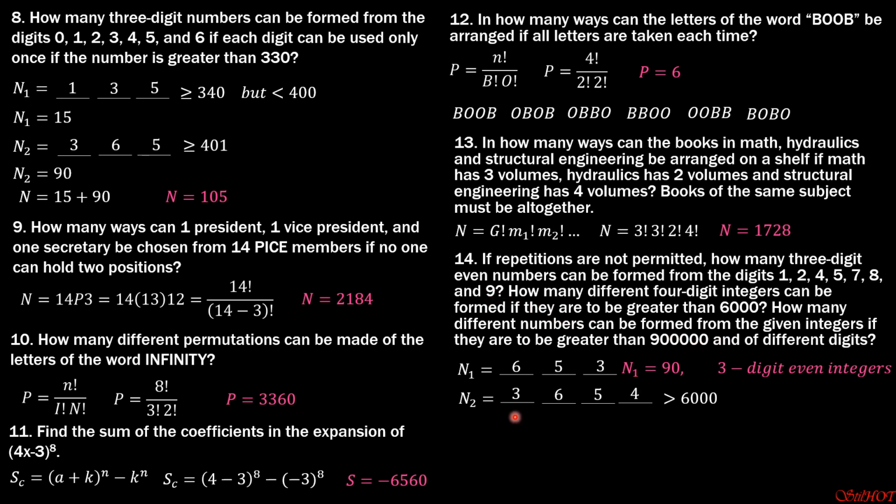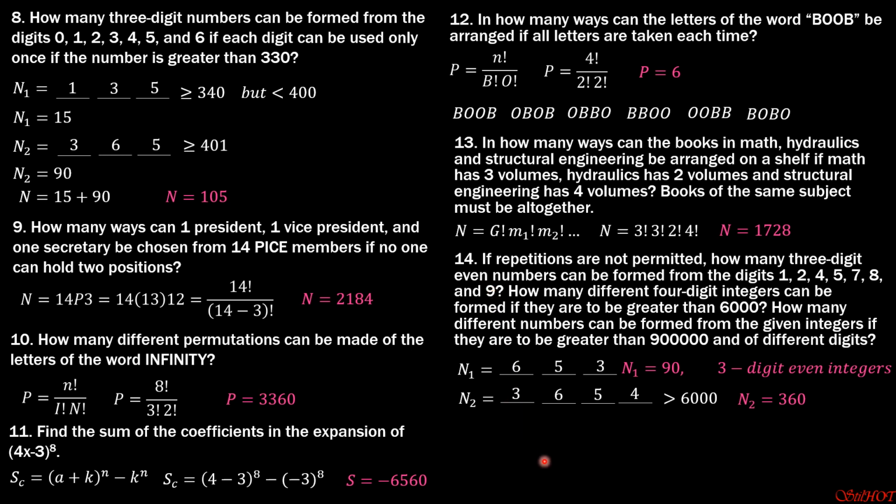So if we assign the first digit, this is 900,000 plus something definitely, because the rest would be greater than 0. But there is only 1 digit which is greater than or equal to 9. Of course, there's no other. So there's only one way to assign a digit here.